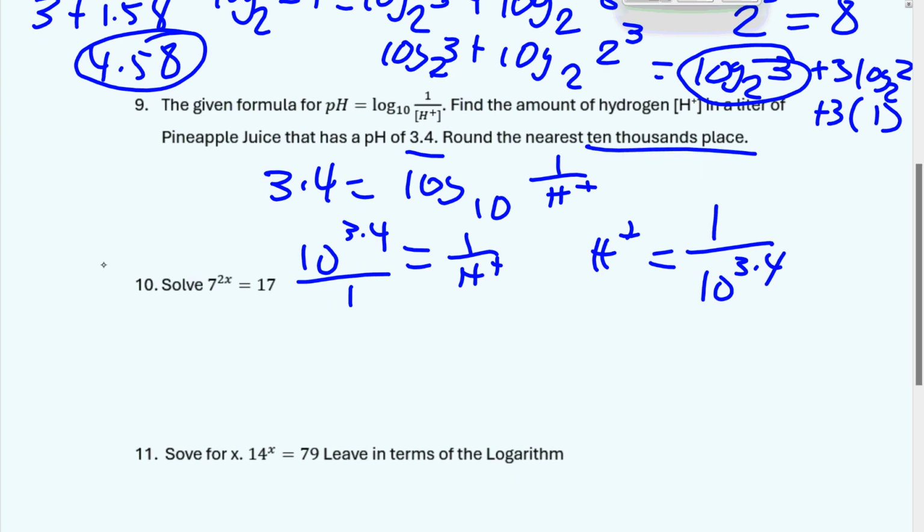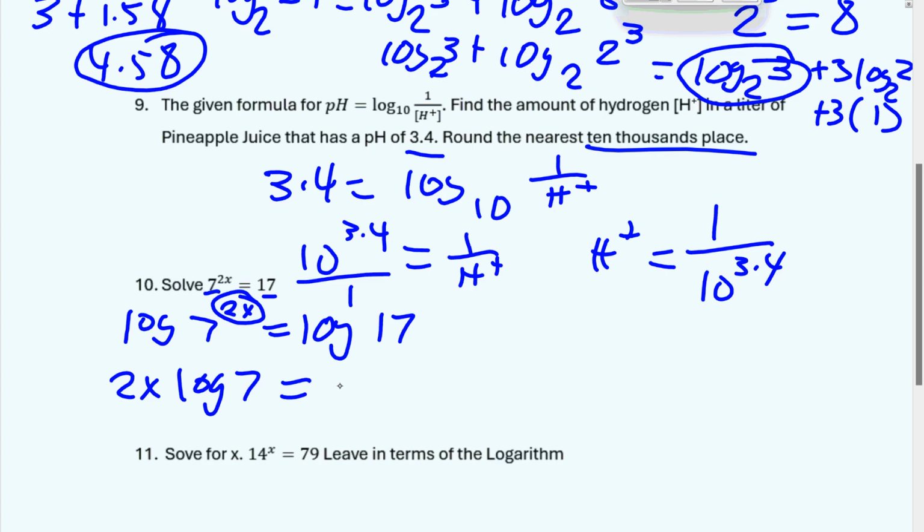Okay, this one, I'm just going to take the log of both sides because I can't turn 7 and 17 in the same base. Now, if you notice about this one, I only have an x on this part, right? So I'm going to bring 2x out front. So this is all multiplication, multiplying here, multiplying here.